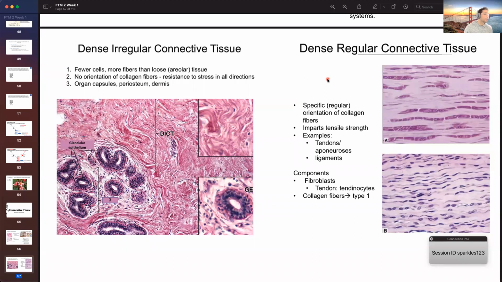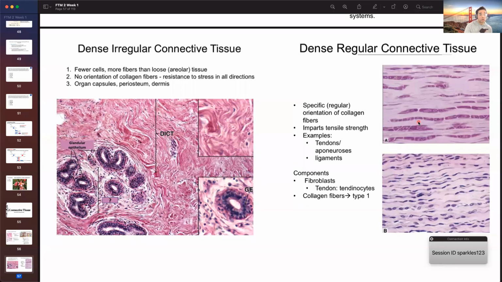Now, something a little bit stronger in terms of connective tissue is the dense regular connective tissue. Specifically, you're going to see the orientations go in one direction as compared to the irregular, where it's kind of all over the place. And this helps you distinguish very clearly where you're going to find them, right? You have a lot of tensile strength: tendons, aponeuroses, and ligaments.